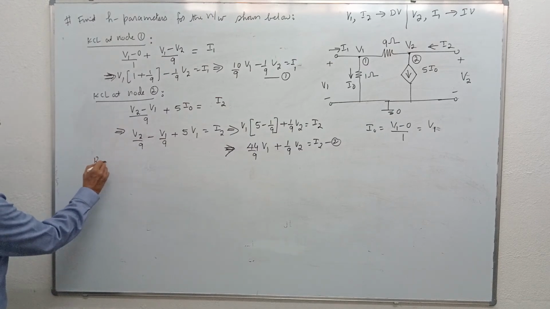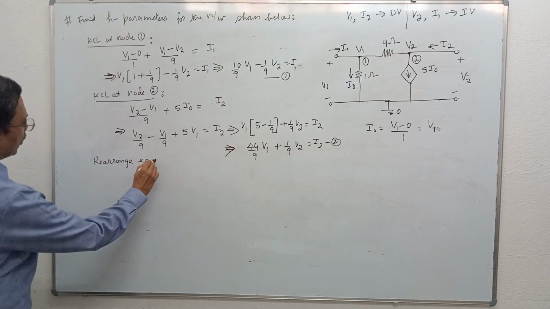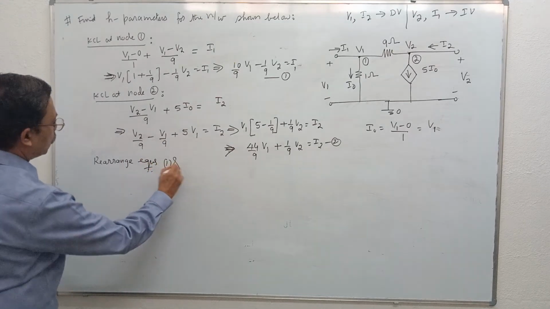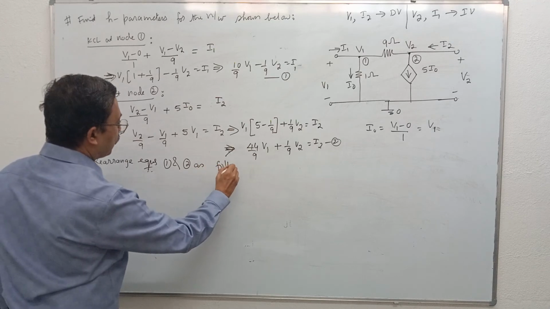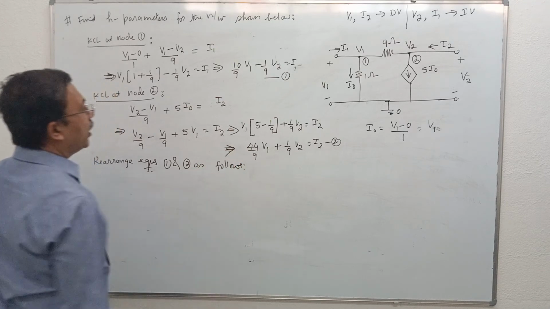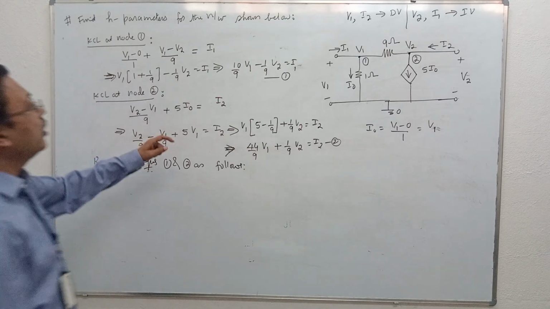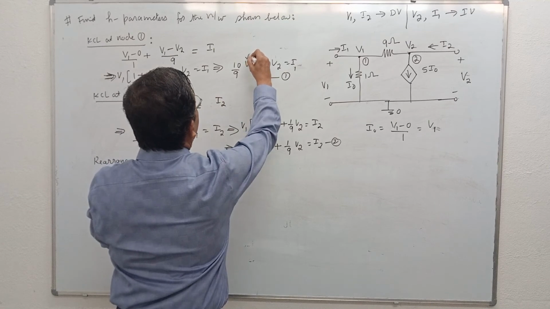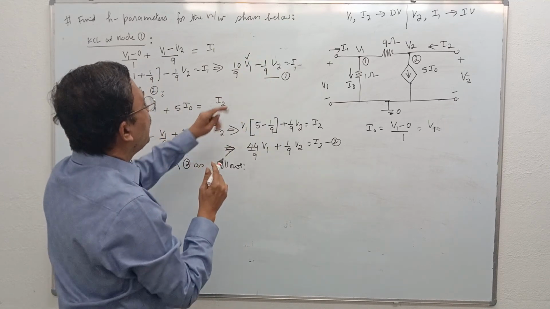Rearrange equations 1 and 2 as follows. Independent variables must be on the right hand side, dependent variables must be on the left hand side. In this equation, V1 is dependent variable. Correct? So keep it on the left side.